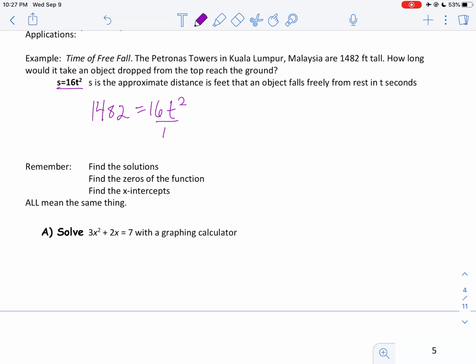So we're going to start by dividing both sides by 16. 1482 divided by 16 gives me 92.625. And then we can take the square root of both sides.